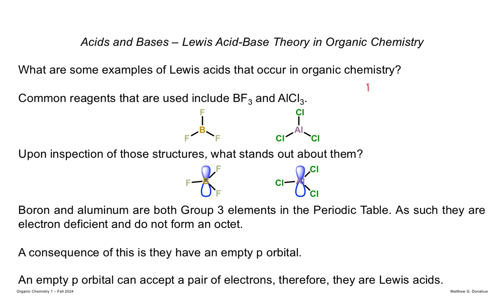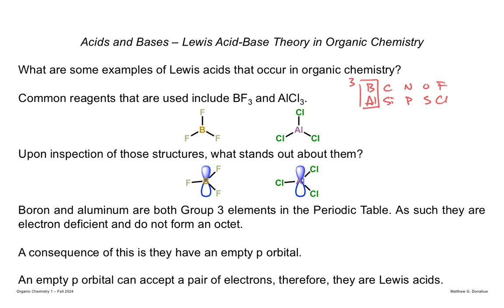So we have B, C, N, O, F, Al, Si, P, S, Cl. So boron and aluminum are group 3, and what you notice about them, as neutral compounds, they do not obey the octet. So they're electron deficient.